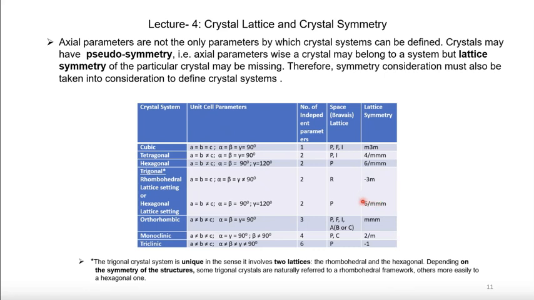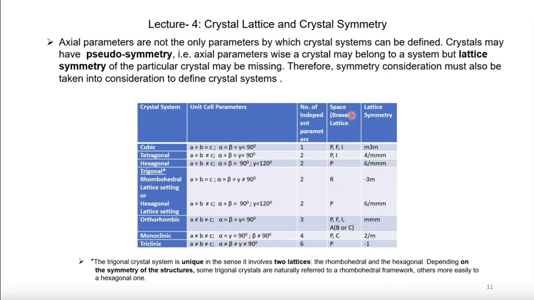And this, as I told you already, is the hexagonal setting for rhombohedral. So it must have this symmetry element. Similarly for orthorhombic, then monoclinic, and triclinic, -1. These symmetry elements must be present in the crystal systems to identify that they are real crystal systems.